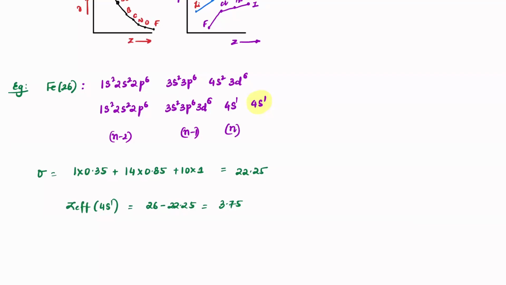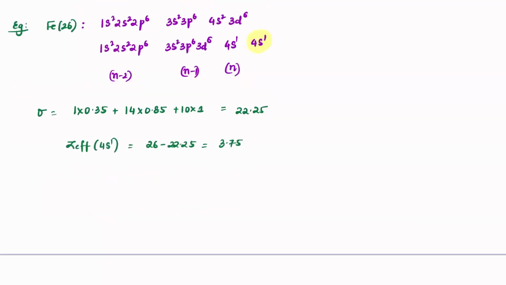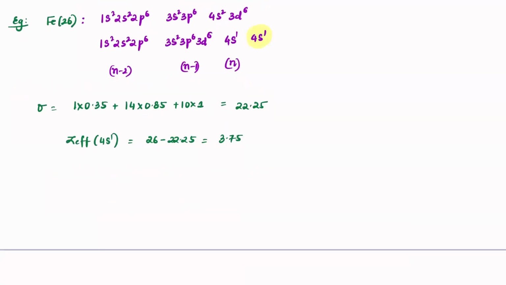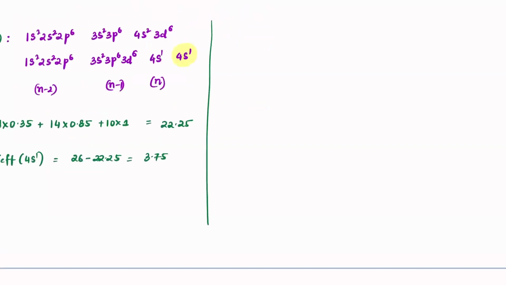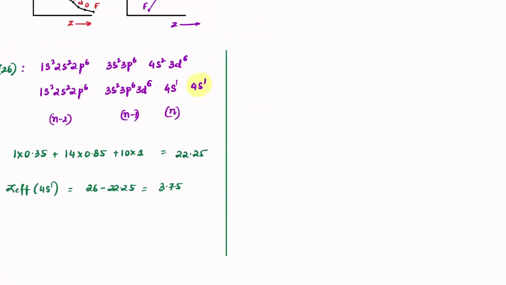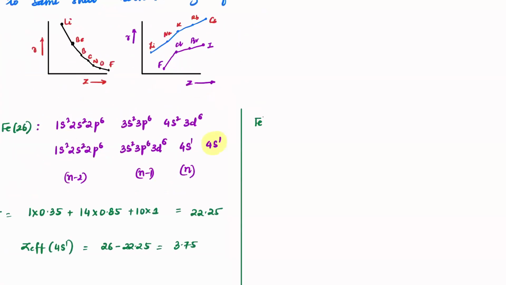One second. See, suppose if you have the same thing, but this time I'm writing it for Fe plus 2. Fe plus 2 configuration will be, the 4s2 electrons are completely gone.